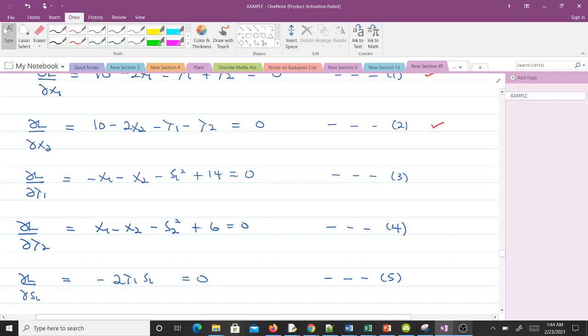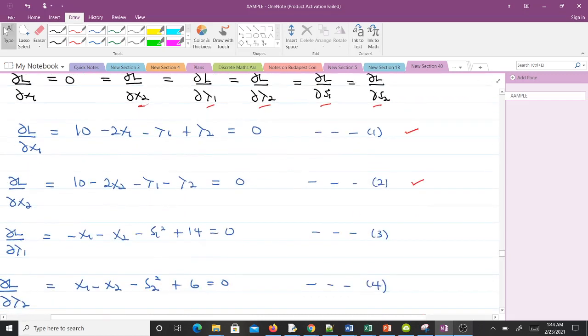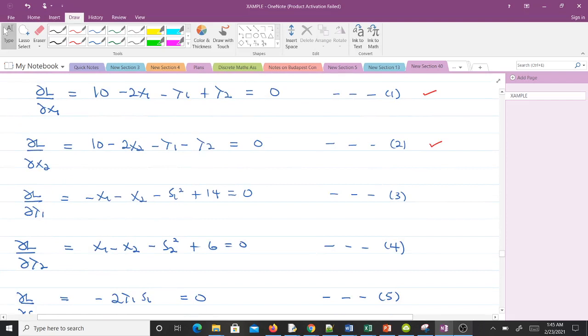Finding that with respect to lambda 1 will give you, so you come here, when you differentiate, you get negative into bracket x1 plus s2 plus s1 squared minus 14. When you take the negative out and you multiply it, you're going to get this thing here.